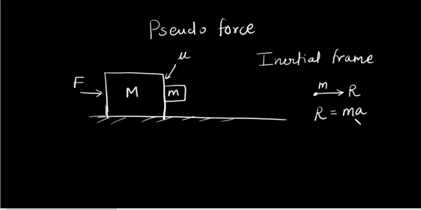Now for the small mass m only, for the vertical direction forces, there will be a downward force mg and there will be an upward force of friction, that is mu times R, the frictional coefficient into R. So mg is equal to mu R. This is the first equation, and the second equation is R equal to ma.